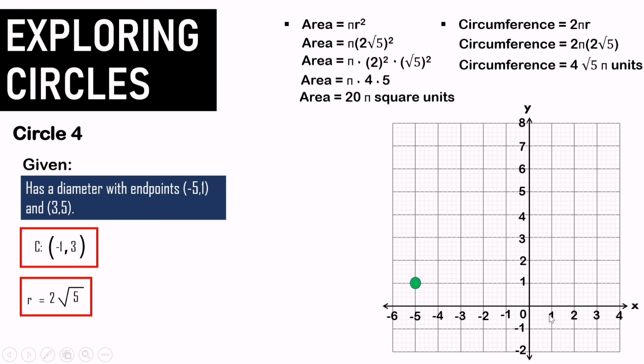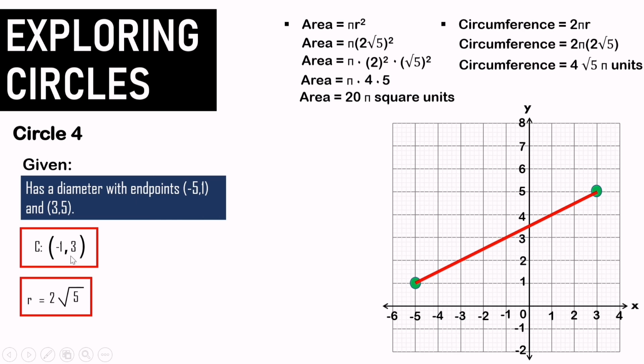Asa man na? Narita diri. So mag-count ta sa x. 1, 2, 3, 5 upwards. 1, 2, 3, 4, 5. So, naa diri. Okay. So ang itsura sa atong diameter kani siya. Tama ba kaya ta?